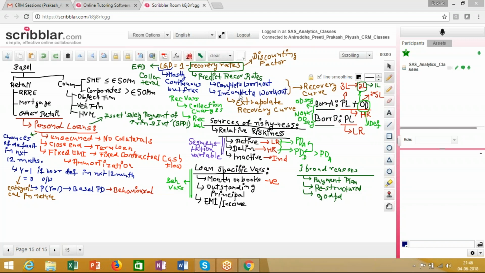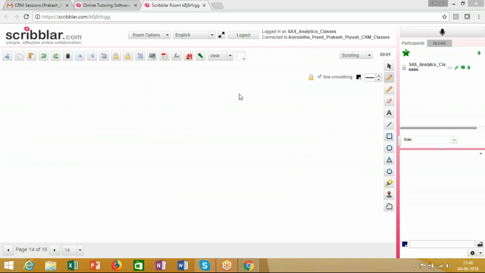In the last session, we started talking about the Basel portfolios, the different kinds of portfolios. We saw that a banking book is comprised of two parts: one is the retail lending book, the other is the commercial lending book.